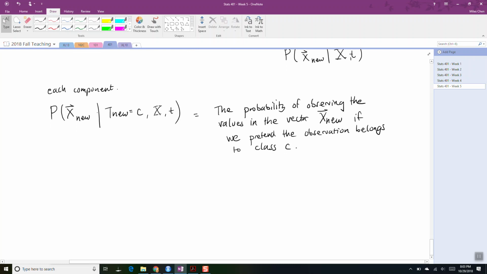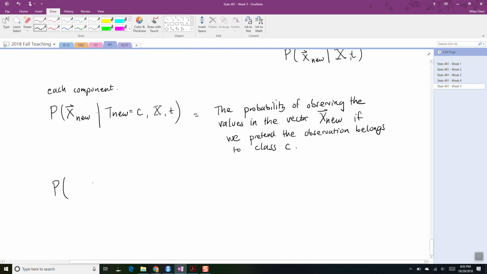But we don't want to just say the probability of getting these values is this, therefore our result is this, because there could be uneven proportions of classes.